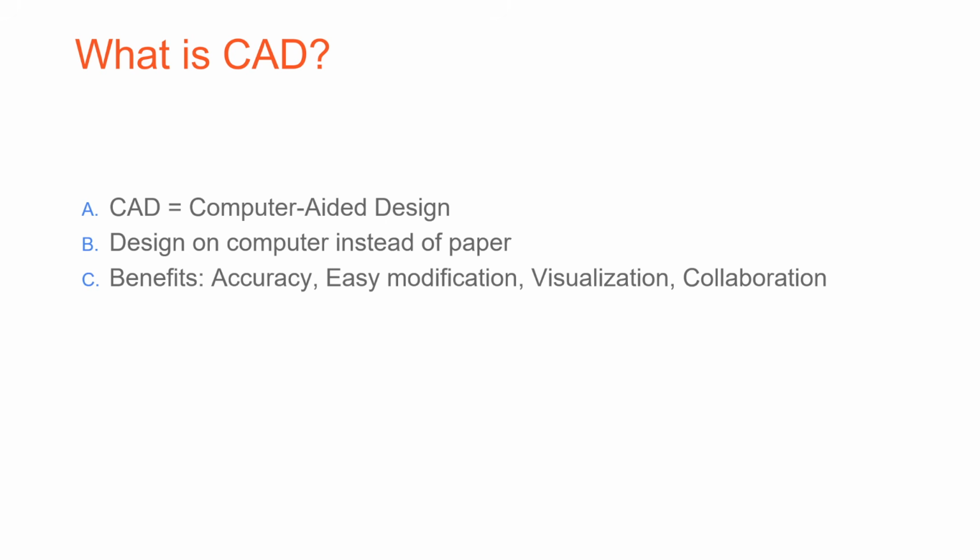You just adjust the model. Visualization: you can view your design in 2D, that is flat, or 3D, that is having depth, to understand how it looks before making a real object. And the next is collaboration. CAD files can be shared with colleagues, manufacturers, or clients, making teamwork easier. So that's why CAD is very important.